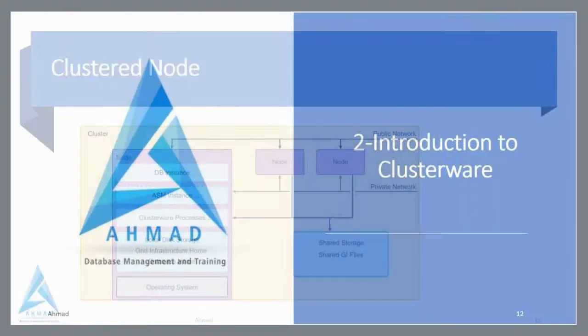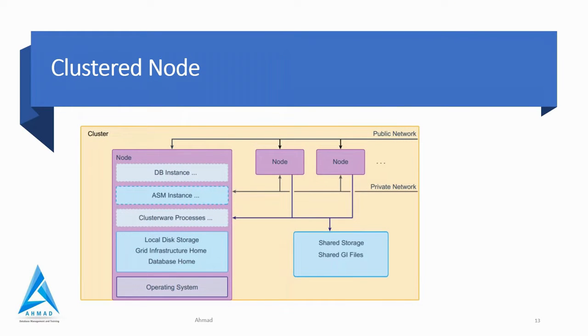Now come to this clustered node. As I said, in the cluster there is node 1, node 2, node 3, like that. Every node or every instance is connected by a private network. See, this is the private network, and clients will connect through the public network, and you have shared storage where you have the shared grid infrastructure files.